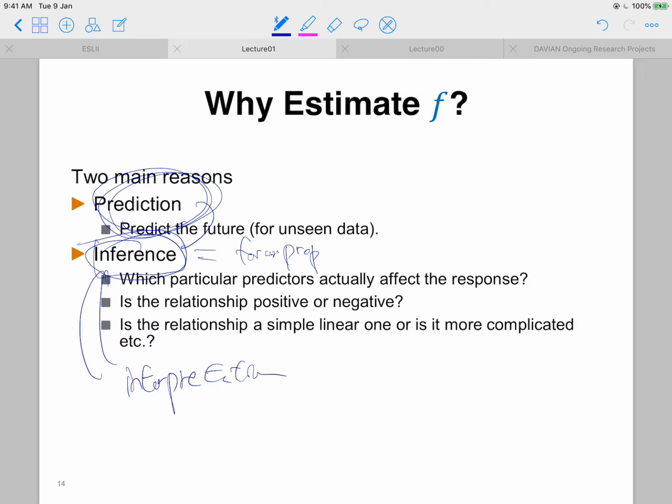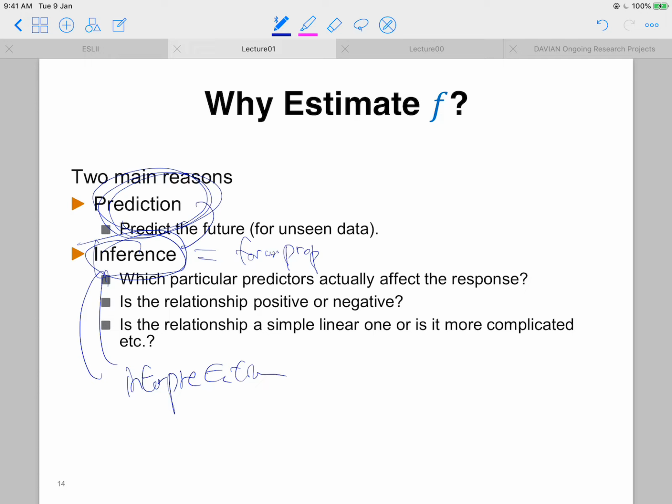Interpretation is a retrospective type of analysis. Given our data and our target variable, which of our input variables is the most influential, or the most closely related to our target variable?